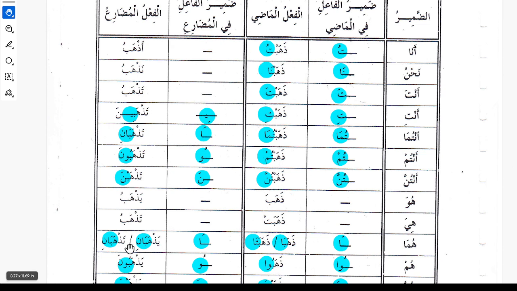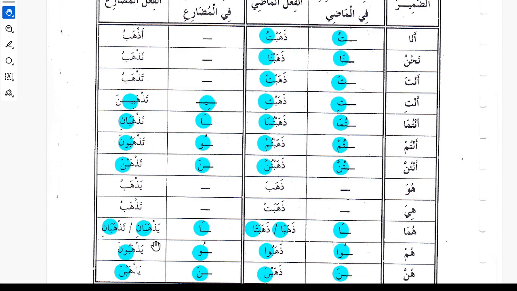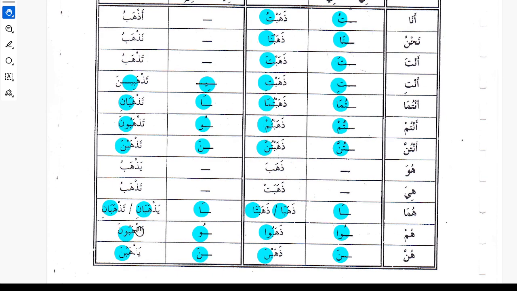Tazhabu, she goes. Yazhabani, they both masculine go. Tazhabani, both feminine go. Hum yazhabuna, waw is the fa'il, they all go. Hunna, noon is the fa'il. Yazhabna, they all feminine go.